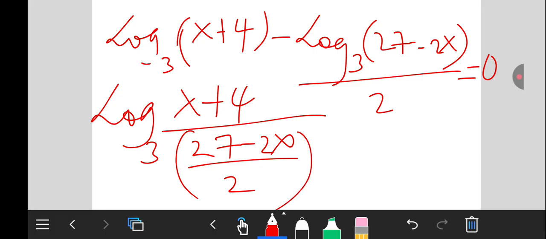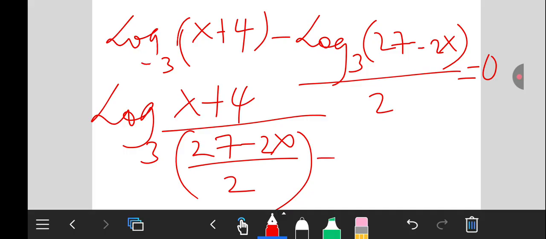Dividing this is simply same as multiplying by the denominator 2, because this fraction is over 2.